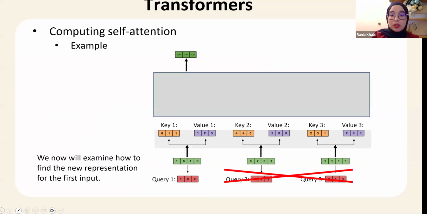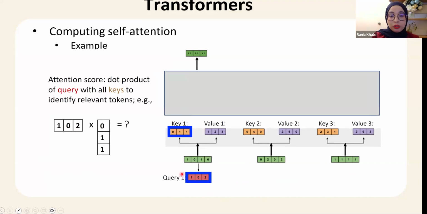Now we are going to begin processing the first input, and we are going to treat the tokens one by one. Let's start with the first input token. At this stage, we consider only the first input token, which means that we do not consider the other two.